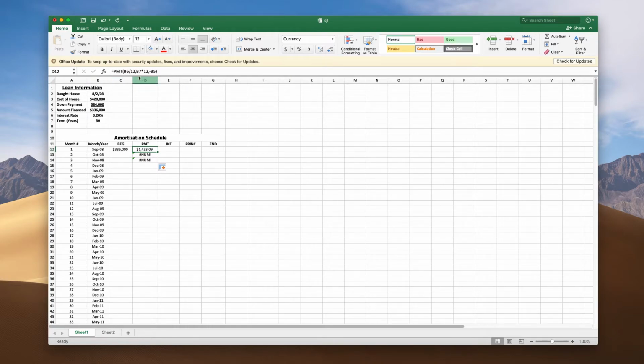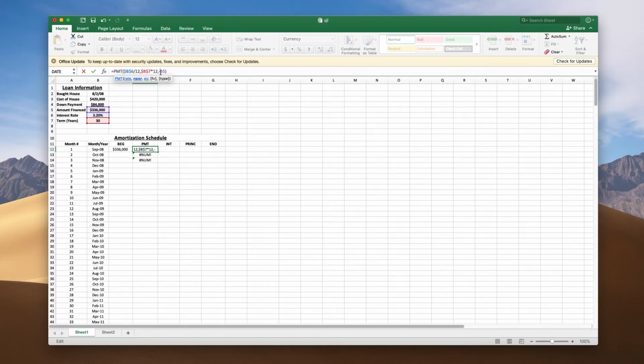Come up here to the top, see where I'm at? For every column, this information is in column B, so wrap the B with a dollar sign. I'm going to wrap all these B's with a dollar sign, so there are three B's there.